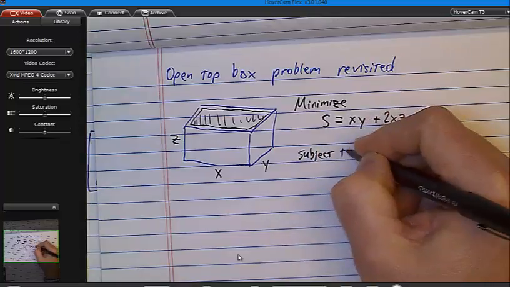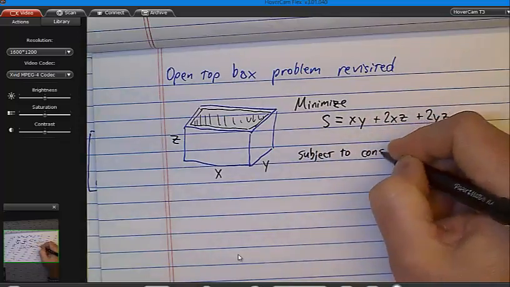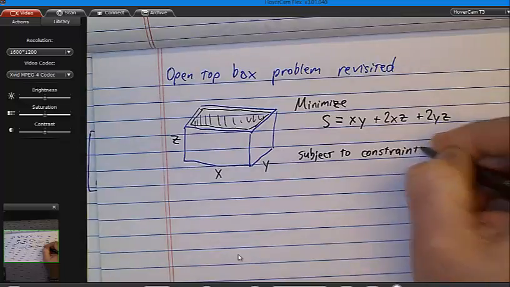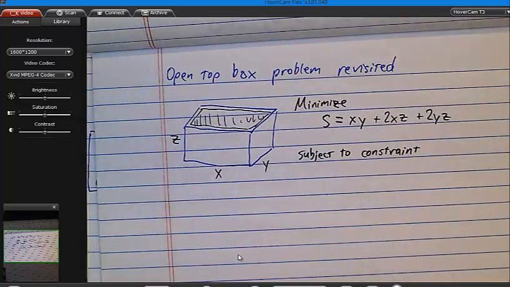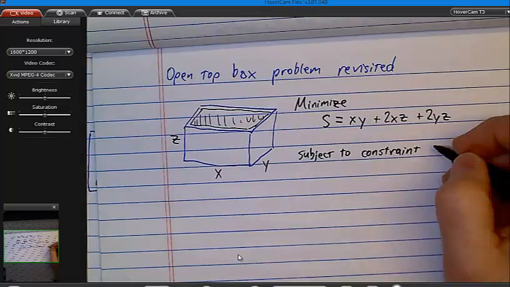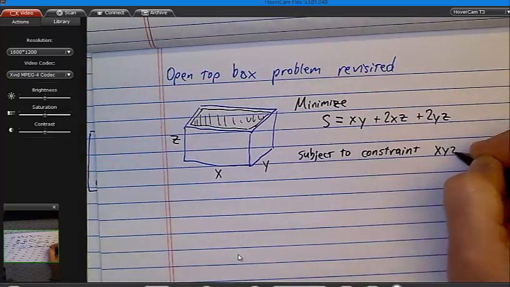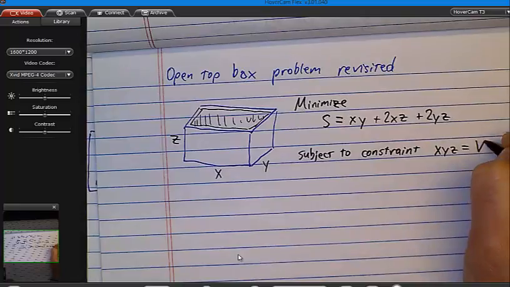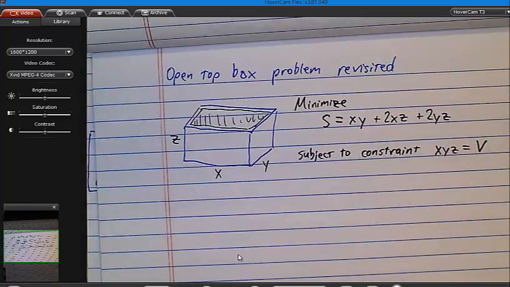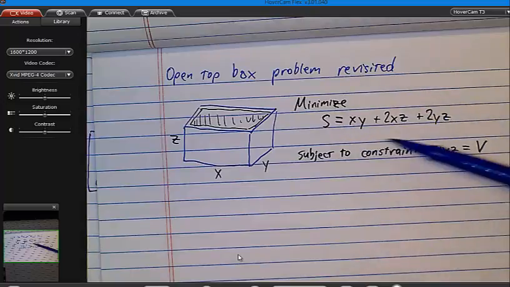Subject to the constraint. Now, I didn't give you a number when we did this problem. I just said we want to hold a certain volume V. So the constraint was xyz equals V. So please understand, when you do a Lagrange problem, you have your objective function, that's fine.